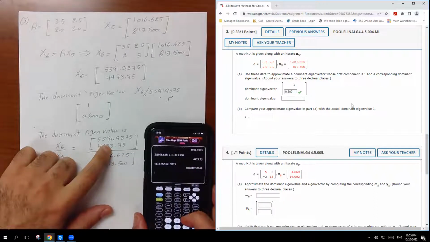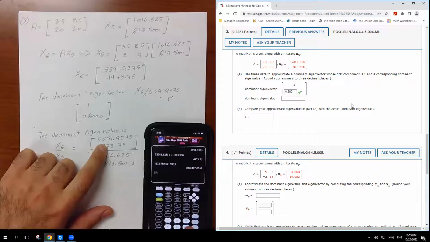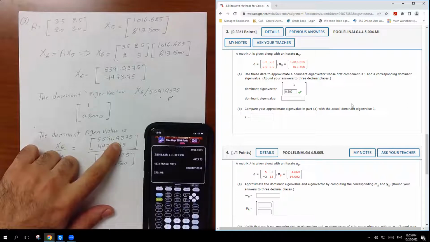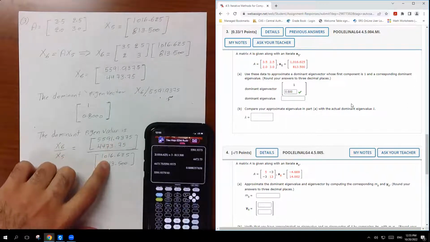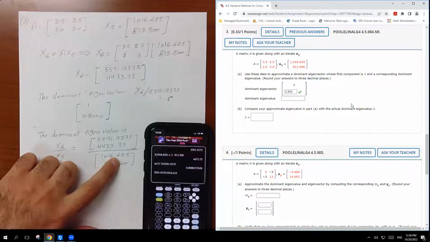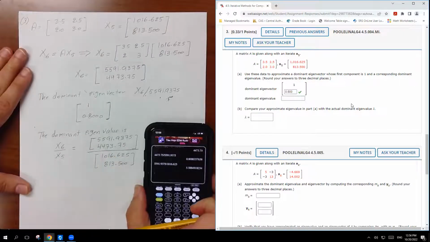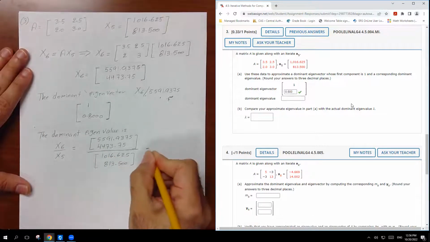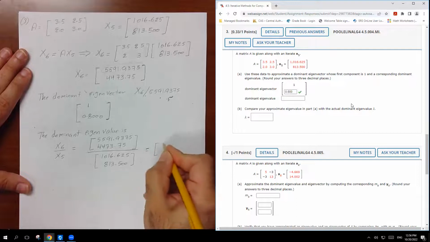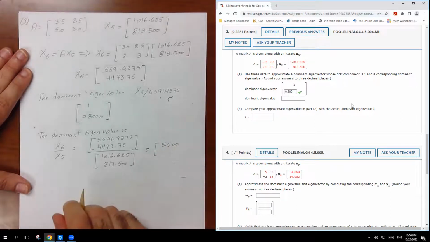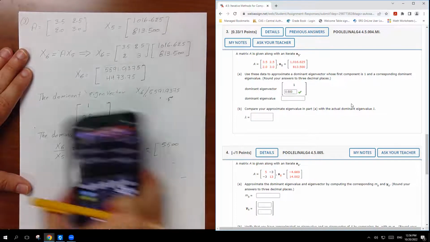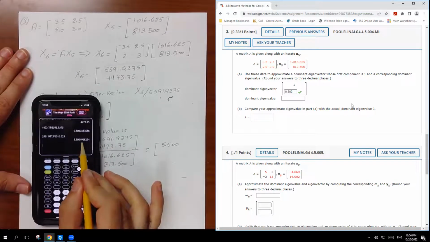So I'm going to divide 5591.9375 by 1016.625. So it's going to be 5.5, and here's 49. You see the last digit here? 49.